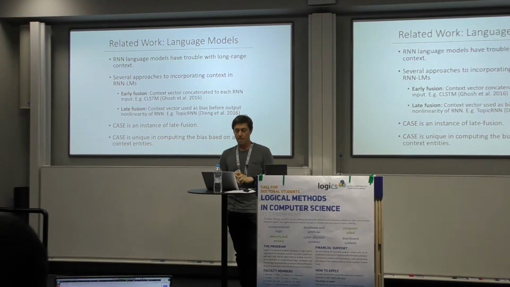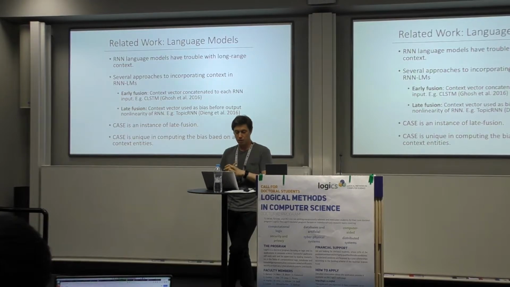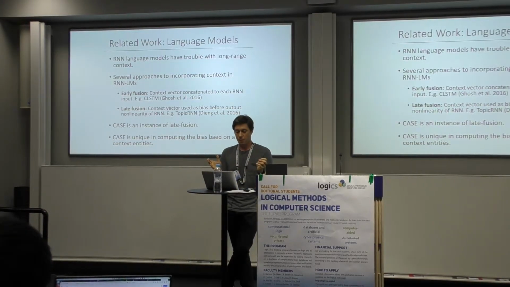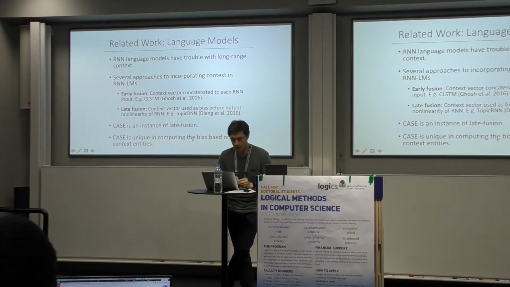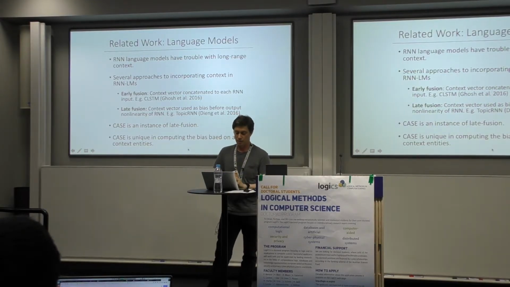Or you can come up with a context vector and use that as a bias after your RNN has run, and use it as a bias for the output. And that's what we do. So you could call our model late fusion. But what we're doing is unique in that there's a typo there, we're computing the bias based on the context entities. And that really hasn't been done in language modeling.